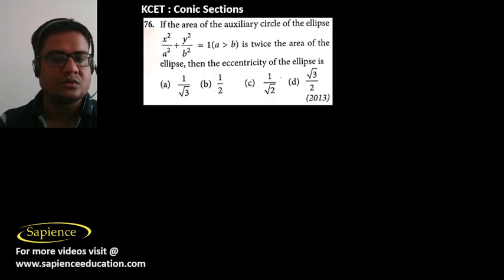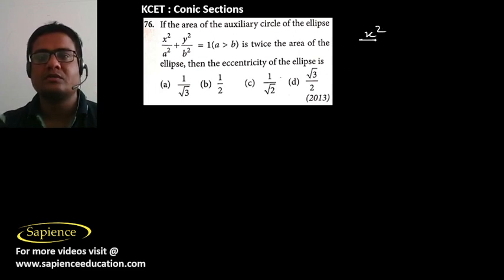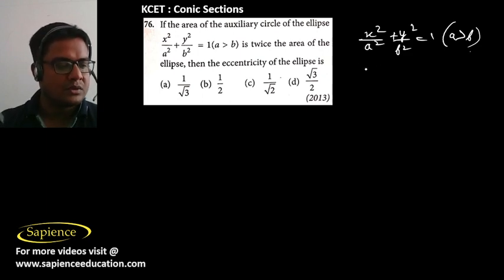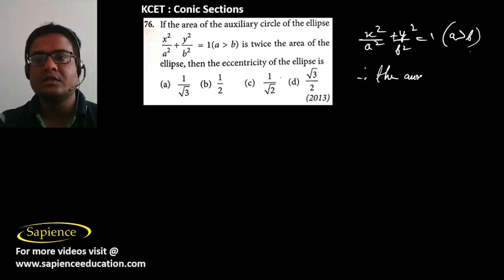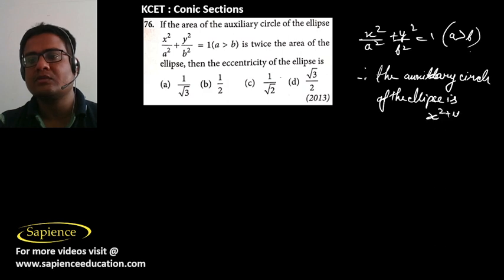Then here it is told, if the area of the auxiliary circle of the ellipse x square by a square plus y square by b square is equal to 1, where a is greater than b, is twice the area of the ellipse, then find the eccentricity of the ellipse. The auxiliary circle of the ellipse is given as x square plus y square equal to a square.